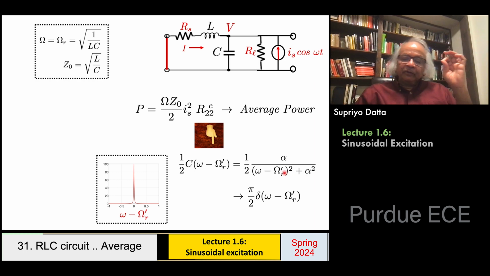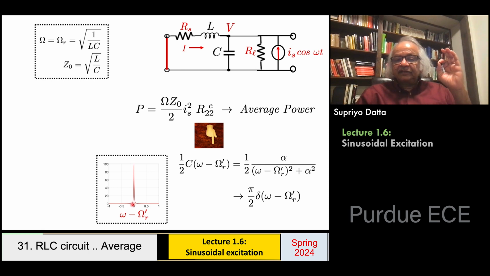And what you can show is that as alpha becomes small, this function gets taller and taller, because right around the resonance I can neglect this term. So it is alpha divided by alpha squared, which is 1 over alpha. So the peak value goes as 1 over alpha.